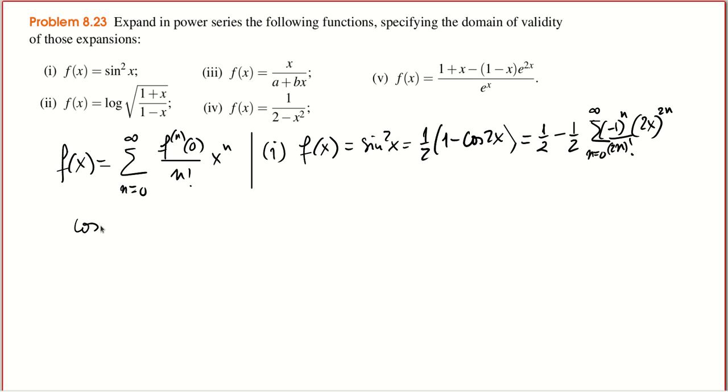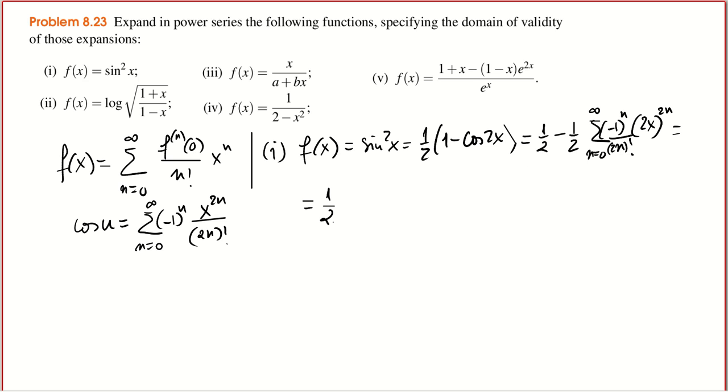Remember, the series of the cosine is the sum from 0 to infinity of (-1)^n x^(2n) over (2n)!. So that is what it is. We can rewrite this a little bit.